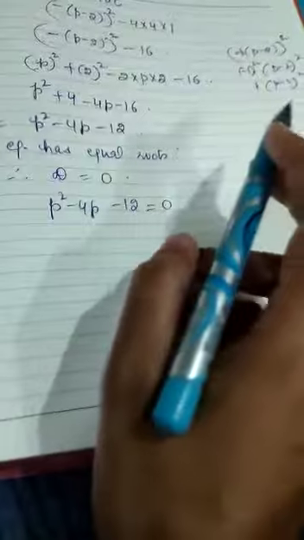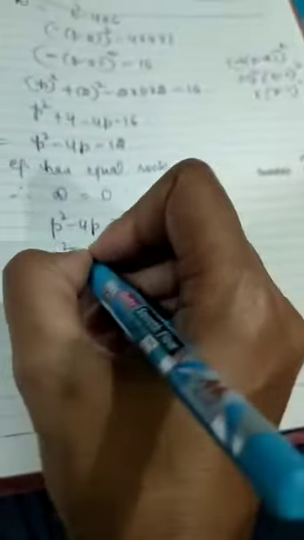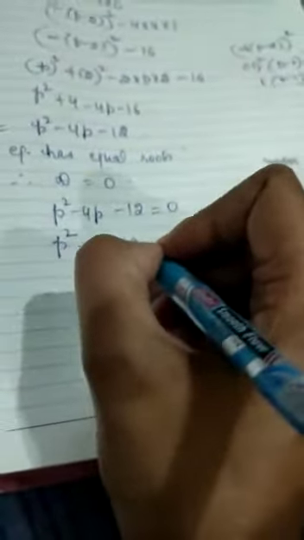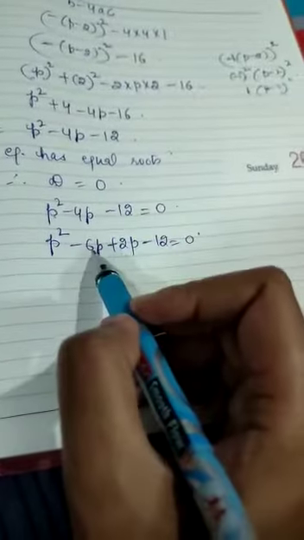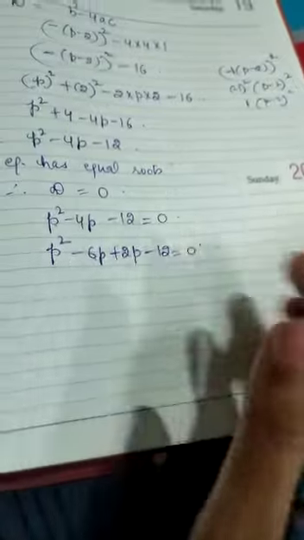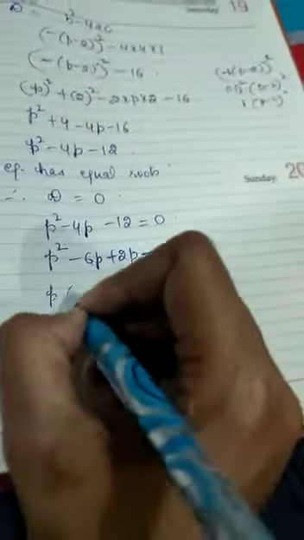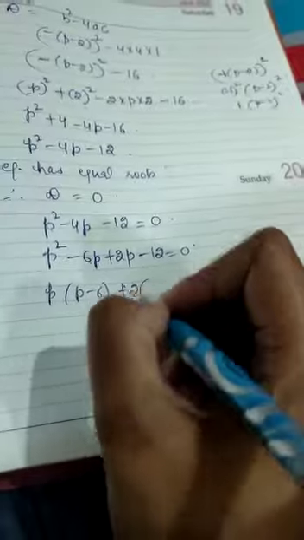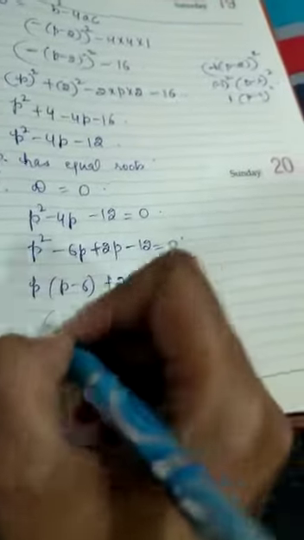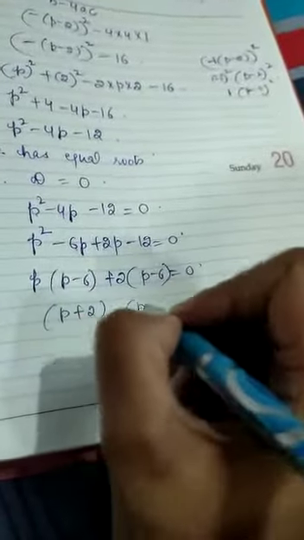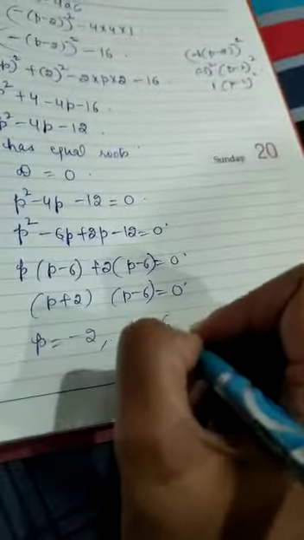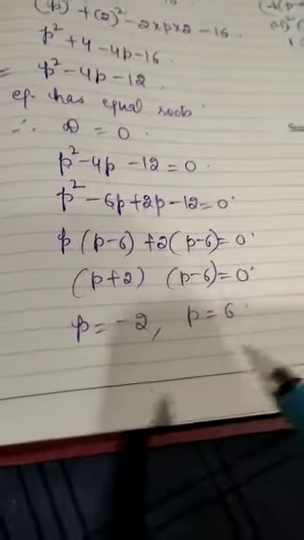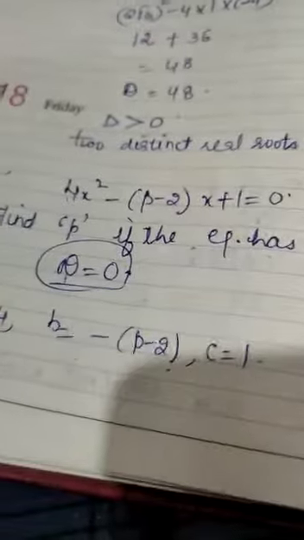Now we will get two roots, again by middle term splitting: p square minus 6p plus 2p minus 12 equals 0. 6 times 2 is 12, and minus 6 plus 2 is minus 4. Again p common: p(p minus 6) plus 2(p minus 6) equals 0. So (p plus 2)(p minus 6) equals 0. Plus 2 becomes minus 2, and minus 6 becomes plus 6. So these are the values of p which will satisfy this equation.